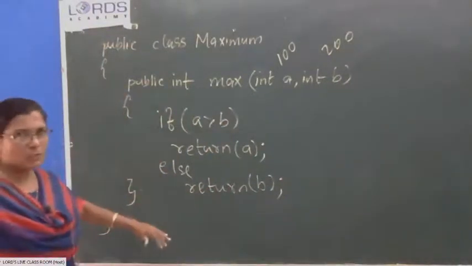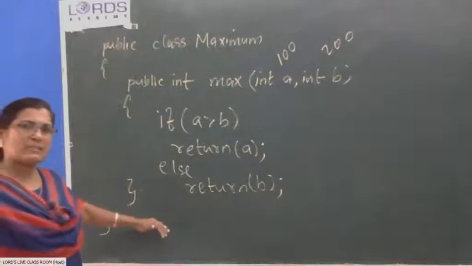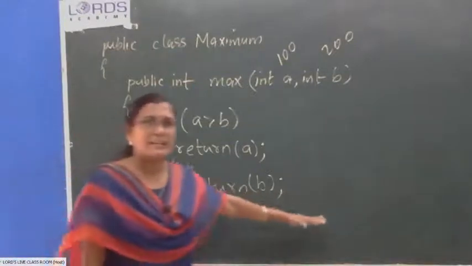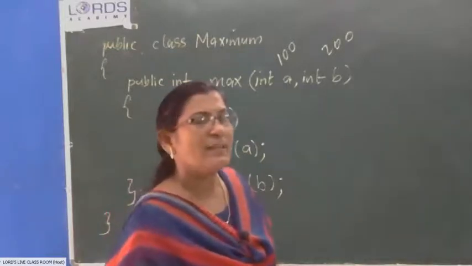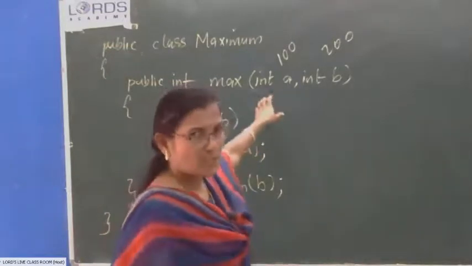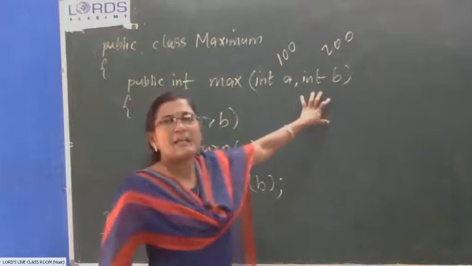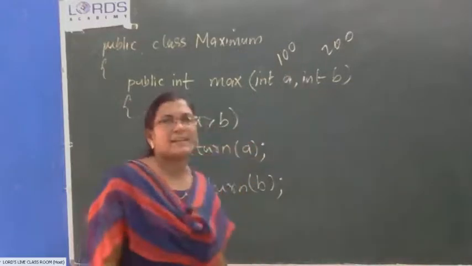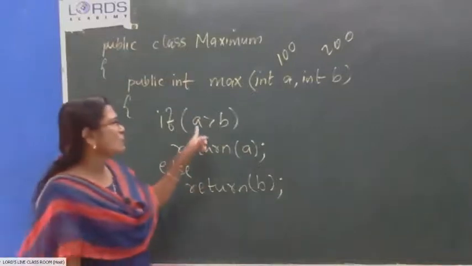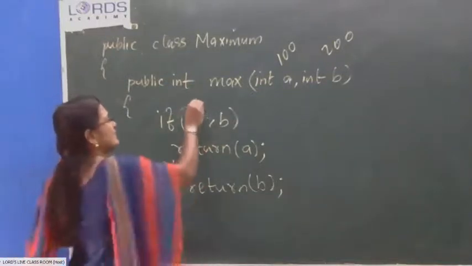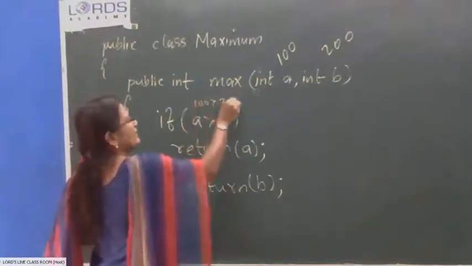You have to type this program, create an object of the class, right click on the created object and select the max method. In the method call window, it will display two text boxes to enter the values for a and b. So you provided the value for a as 100 and b as 200. Is 100 greater than 200?